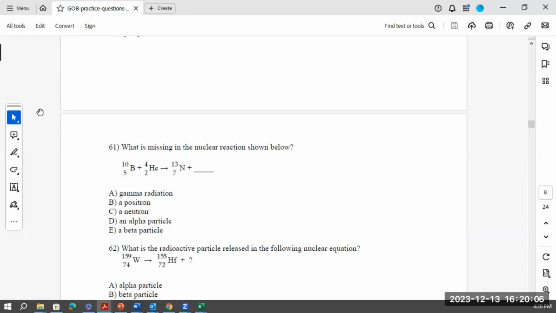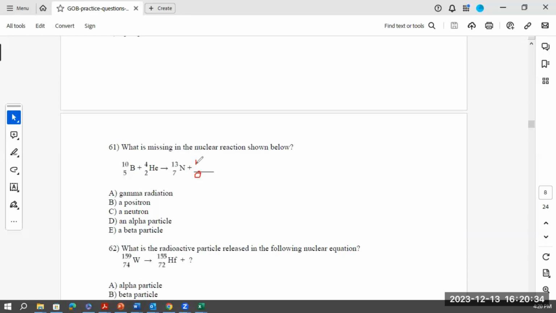That means over here on this side, this has a 0 on the bottom. And then we have to figure out what's on top. We have a 10 and a 4, right? 10 plus 4 is what? 14. We have 13 here. So what has to be at the top? A 1.